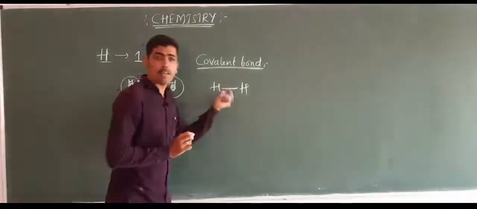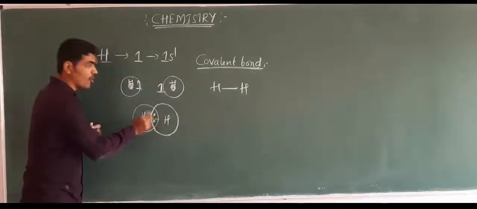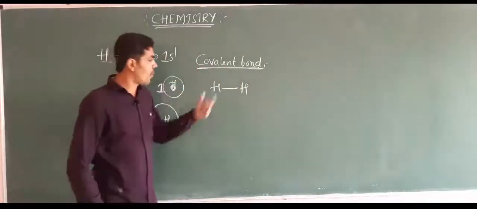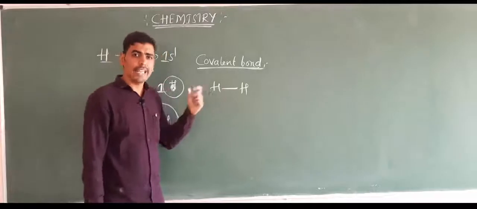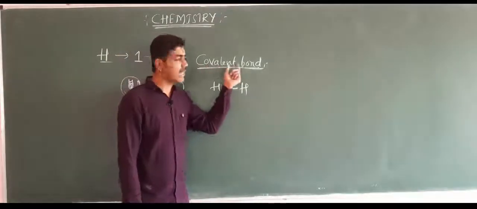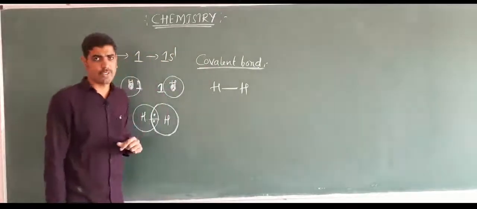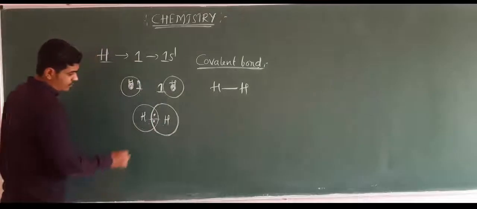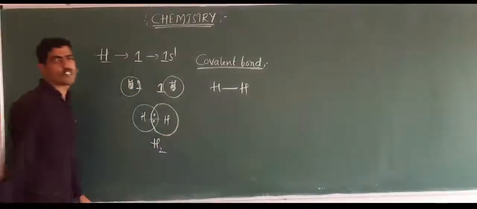And if that bond is formed due to the sharing of electrons, then it is said to be covalent bond. ಆ ಬಾಂಡ್ ಏನಾದರೂ ಎಲೆಕ್ಟ್ರಾನ್ಸ್ ಹಂಚಿಕೆ ಮುಖಾಂತರ ಆಗಿತ್ತು ಅಂತ ಹೇಳಿದ್ರೆ ಅವಾಗ ಅದಕ್ಕೆ ಕೋವೆಲೆಂಟ್ ಬಾಂಡ್ ಅಂತ ಹೇಳ್ತೀವಿ, ಸಹವೆಲೆನ್ಸಿ ಬಂಧ ಅಂತ ಹೇಳ್ತಾರೆ.